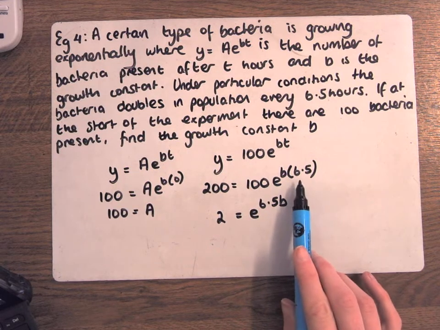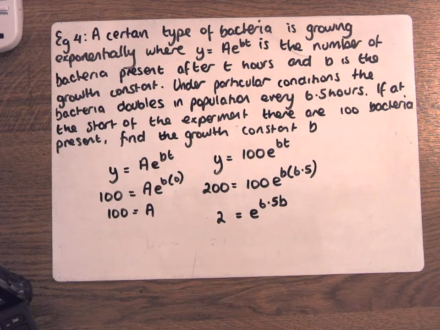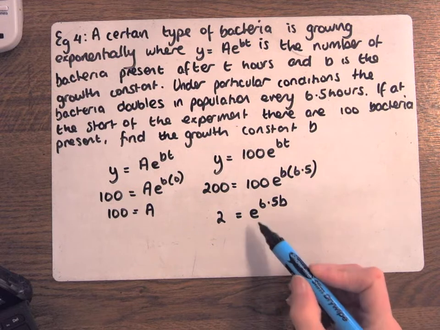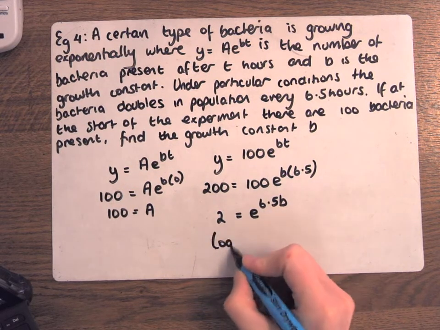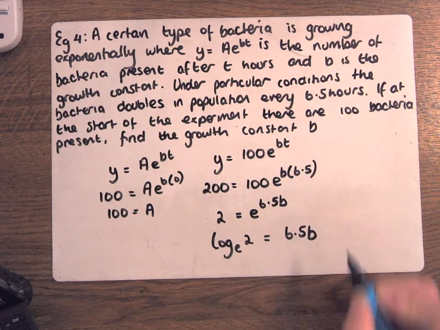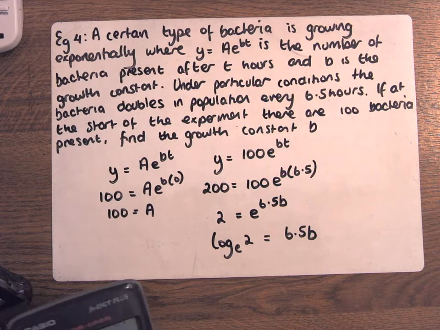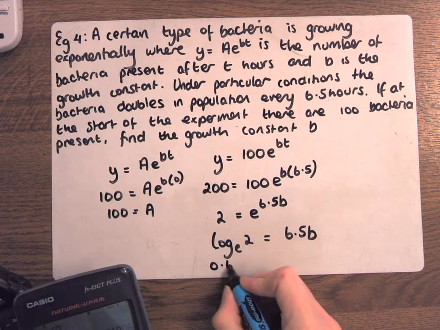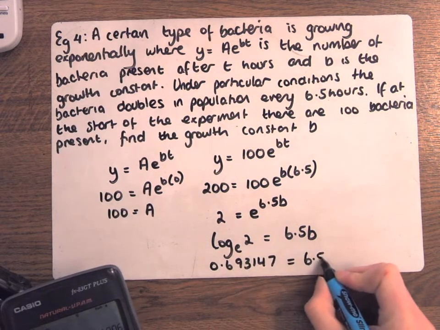So then you just have to find B. So now I'm trying to find B, exactly. Find the growth constant B. All I'm doing is filling in what they gave me. Now, this is my base power value. So log to the base e of 2 is 6.5B. So ln of 2 is 0.693147, which equals 6.5B.